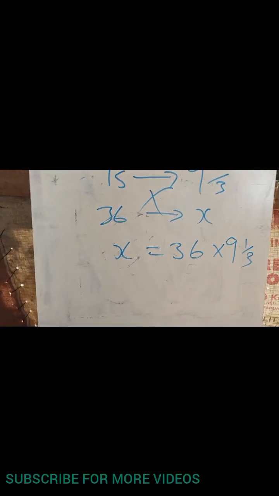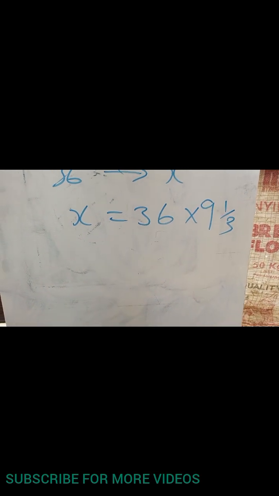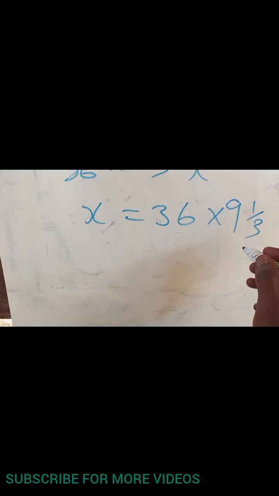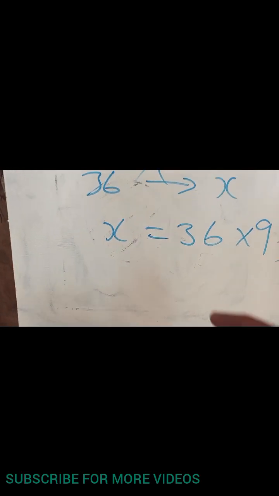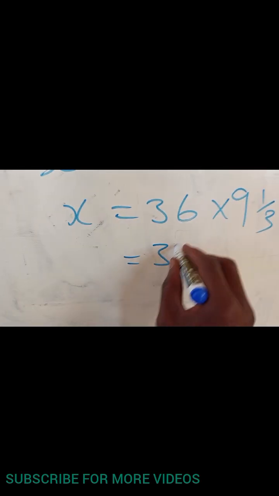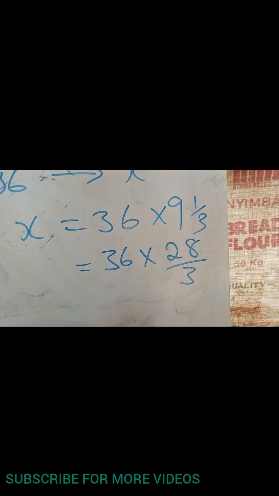So 9 and 1 over 3 is 9 multiplied by 3, which gives us 27. 27 plus 1, we are going to have 28. So x is equal to 36 multiplied by 28 over 3.